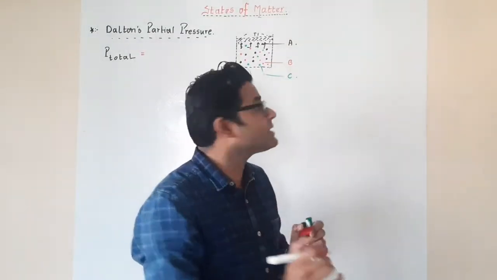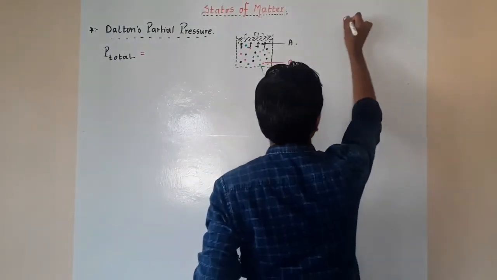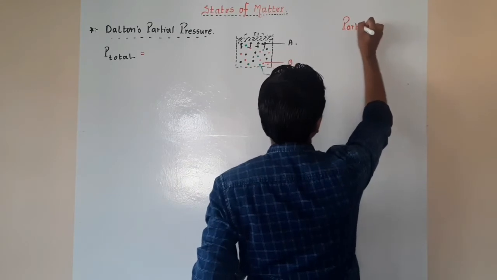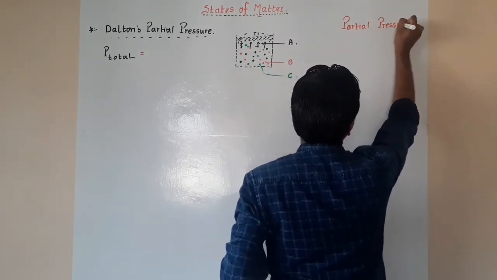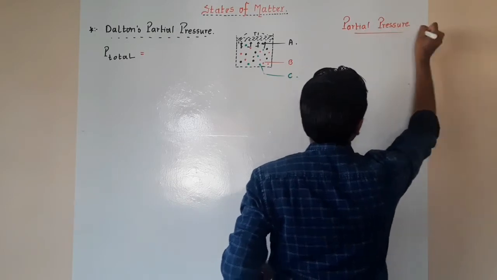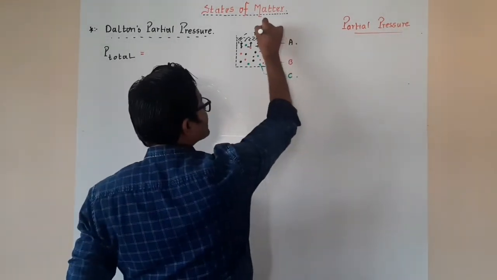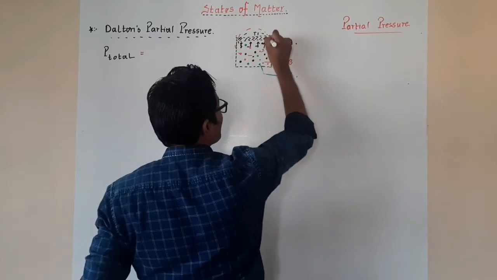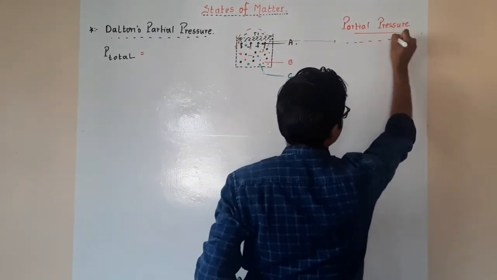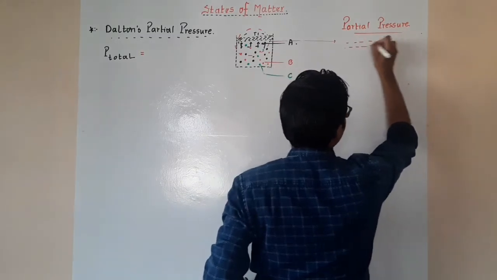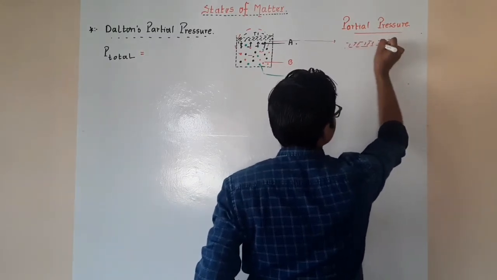Now let's understand this terminology here that I use, the partial pressure of individual gases. Okay, now let's zoom in at this particular condition and let's see what we have. Let us say that this is a piston over here.